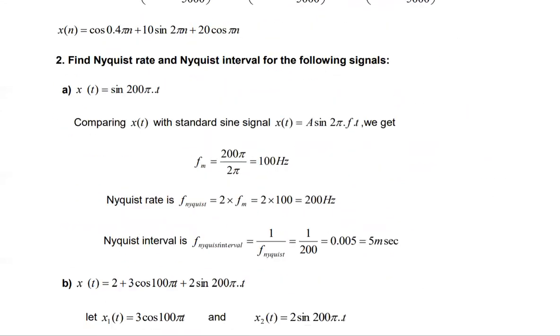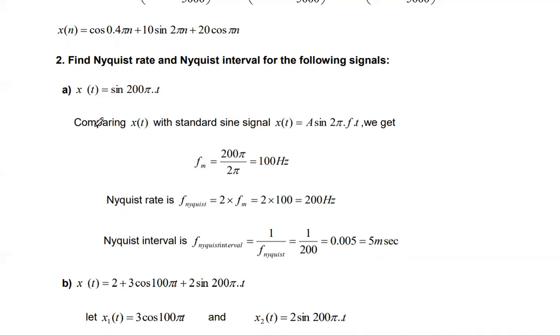And similarly, you see the next question: find the Nyquist rate and the Nyquist interval for the following signal. What is the signal? x of t equals sin 200 pi t. Here only one signal is given, and the frequency of this sine wave is Fm.